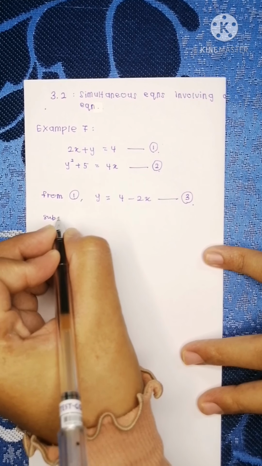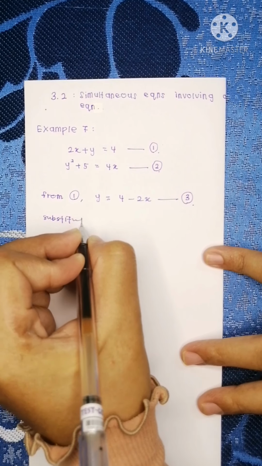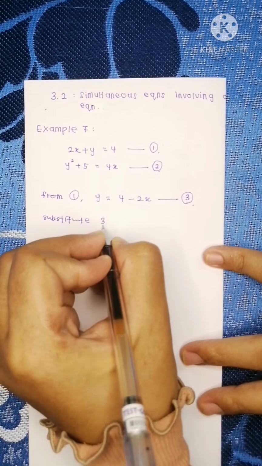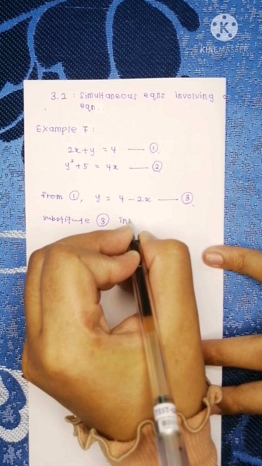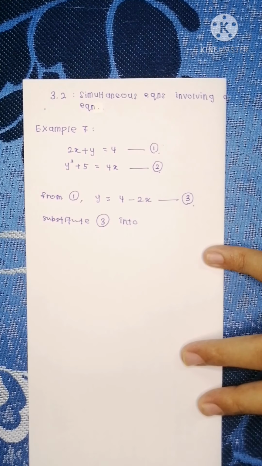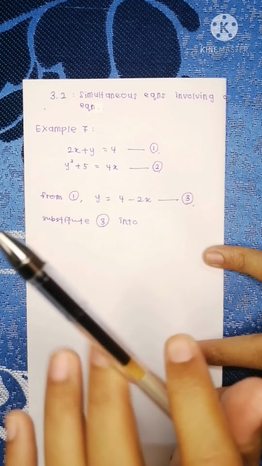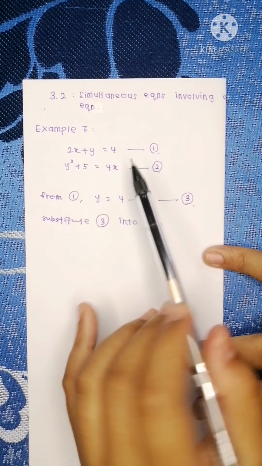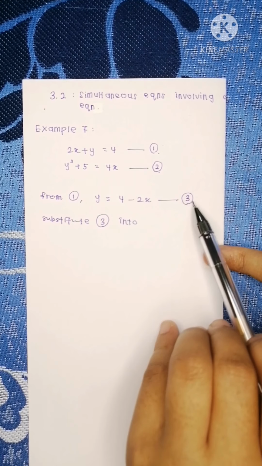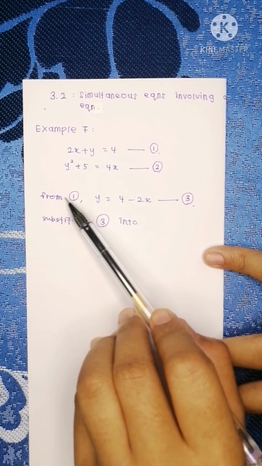So substitute equation 3 into, look carefully here. Listen carefully to what I want to tell you. This is very important in order for you to not make a mistake. We take equation 3 from equation 1.